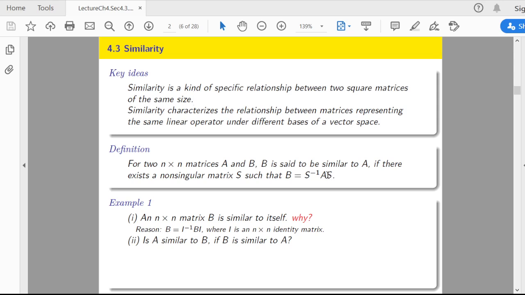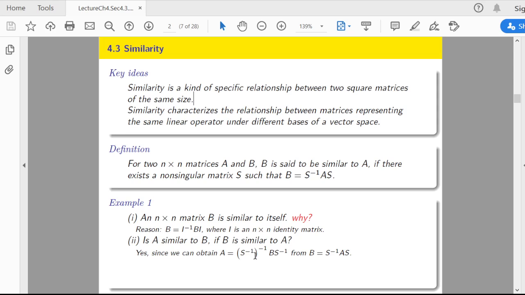From the right side, we multiply by the inverse of S. And then from the left side, we multiply by S. In such a way, we can get A equal to S times B times S inverse. So look at the definition, we can say this is a matrix and this is its inverse.